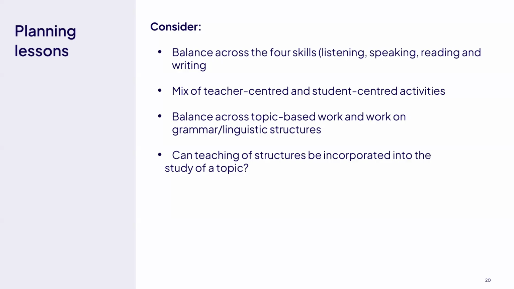But I think we would advocate for all lessons to cover at least two skills as far as we possibly can, so that we're making sure that skills building is happening across the course. We also would say that at this level, students can be expected to take on an increasing amount of responsibility for their own learning, and that will be very different at the beginning of year 12 from what you will see later on in year 13.